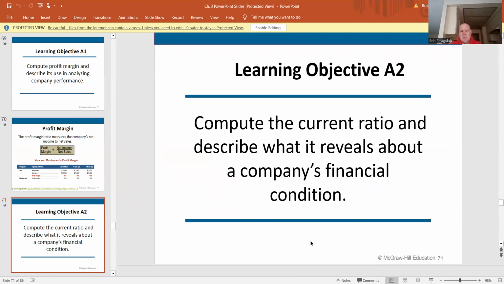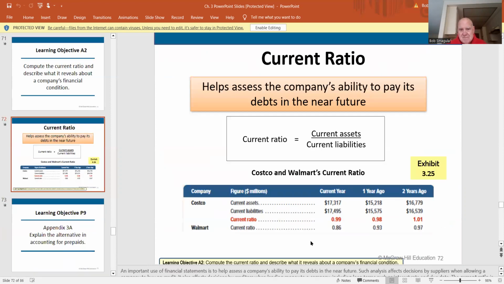Here's another ratio, the current ratio. Current assets minus current liabilities gives you something called working capital, okay?